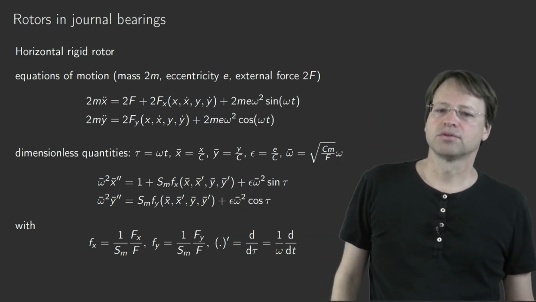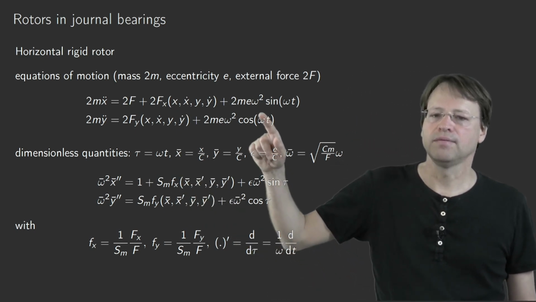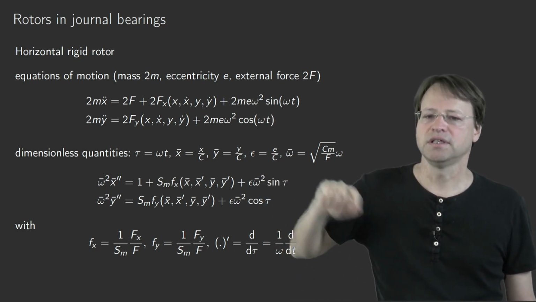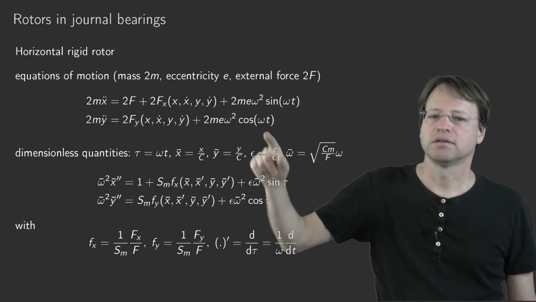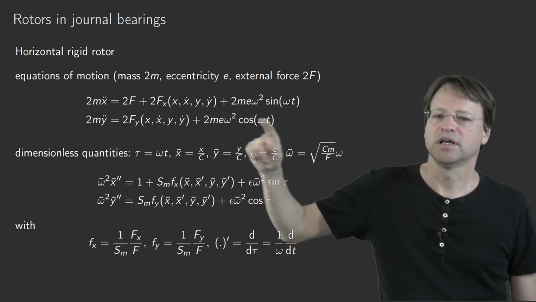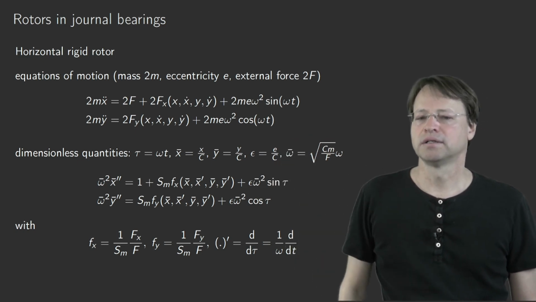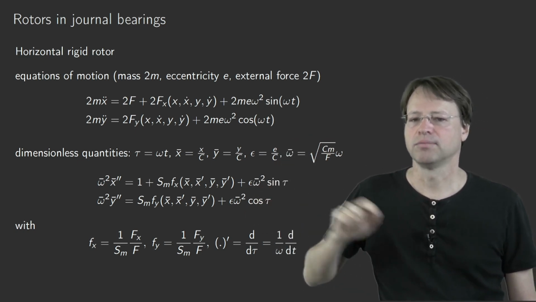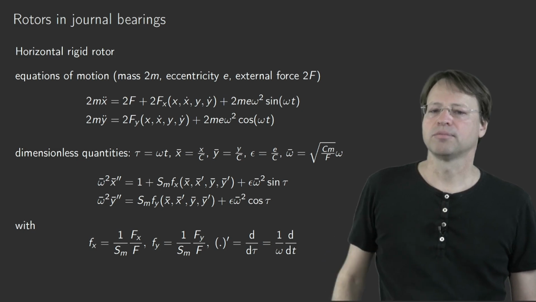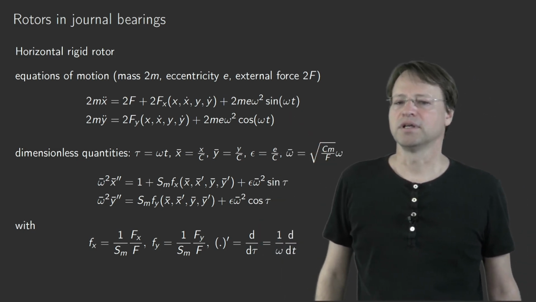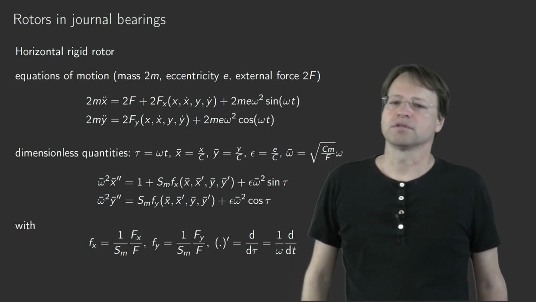And now for the last term, we replace E by epsilon. Then we have a C. We have Cm we divide by f, and we have the omega square leading to an omega bar squared, so epsilon omega bar squared, and then the argument of the sine function is simply tau, because tau is equal to omega times t.